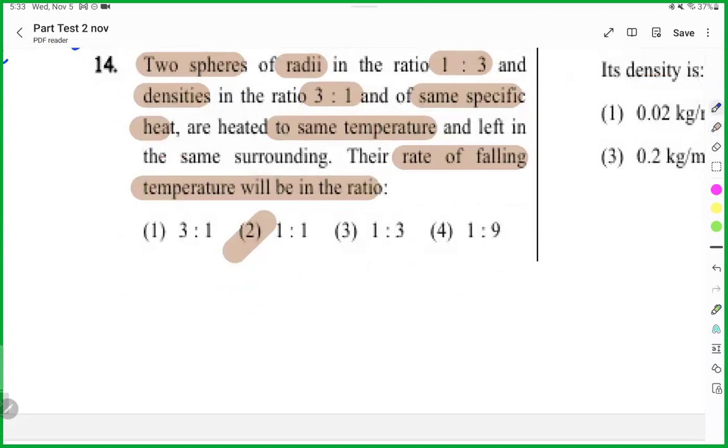First, you will see what is the ratio of the radius. R1 by R2 is equal to 1:3. Then density rho1 by rho2 is in the ratio 3:1, right? Both have the same specific heat capacity. Now you can calculate volume, correct? Volume will be 4 by 3 pi r cube, right? 4 by 3 pi r cube, correct?